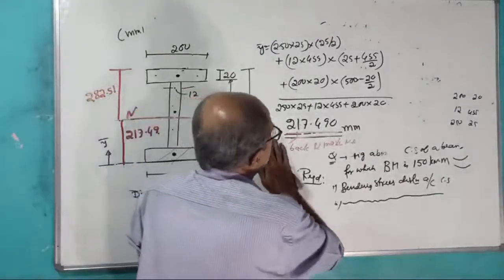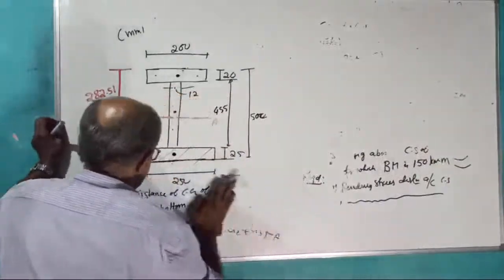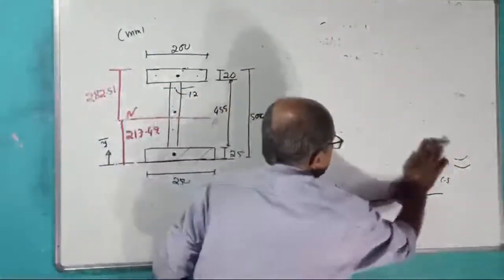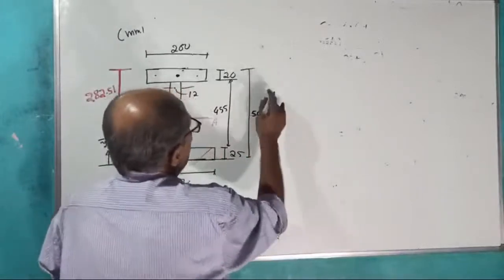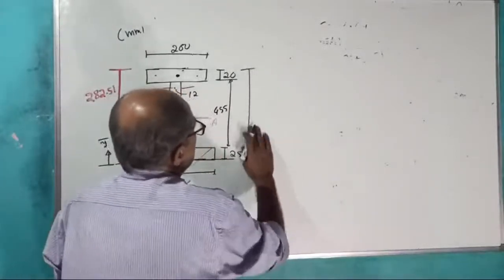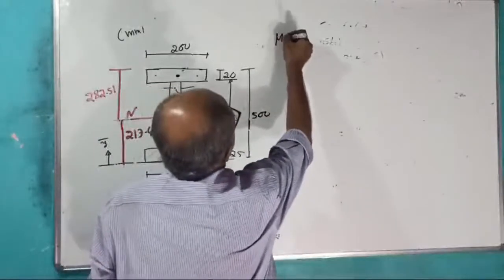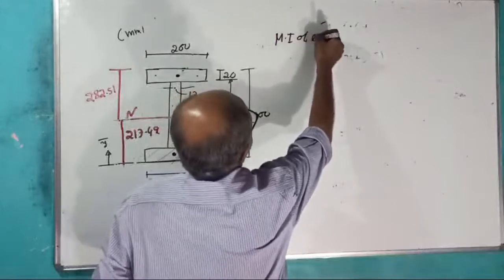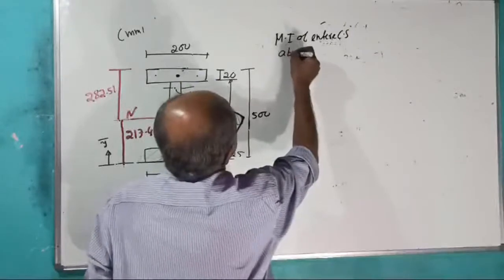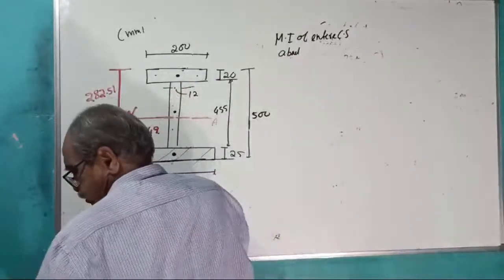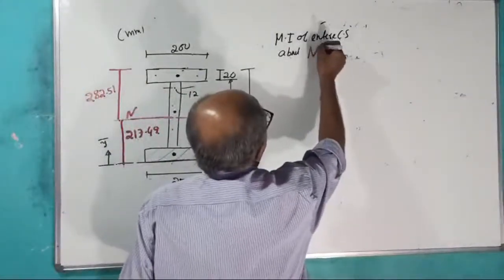Okay. I am removing this one now. Not required for me. Now right here we located the neutral axis. This is 500. Now you need the moment of inertia of the entire I section cross section about the neutral axis.